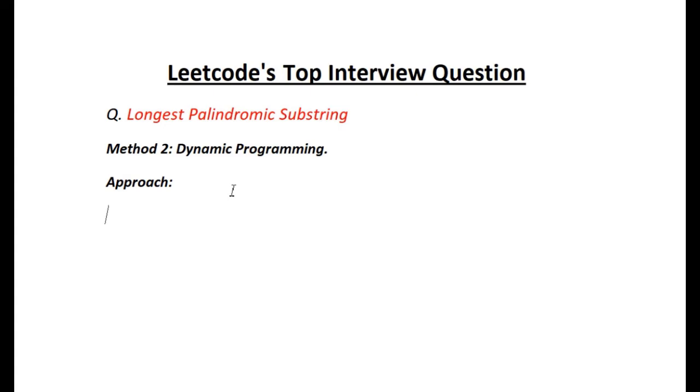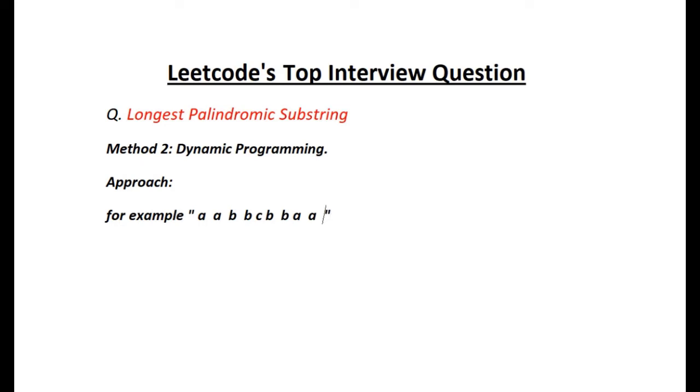For this, let's take an example. For example, let's say the string a a b b c, I am putting some distance between each letter for explaining better, and then a a. So this is the example.